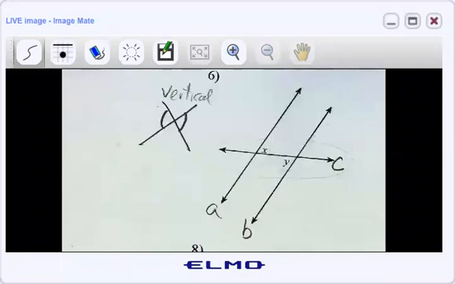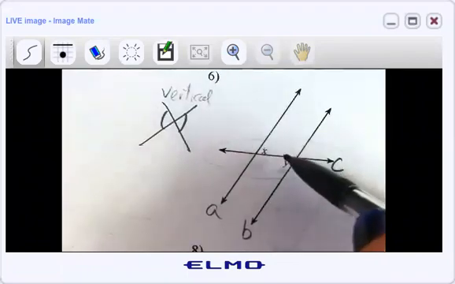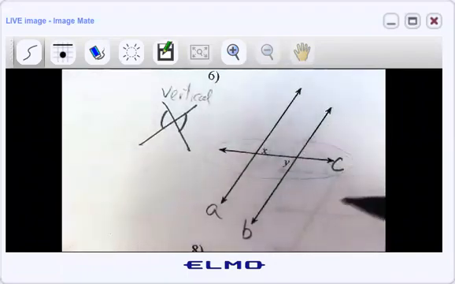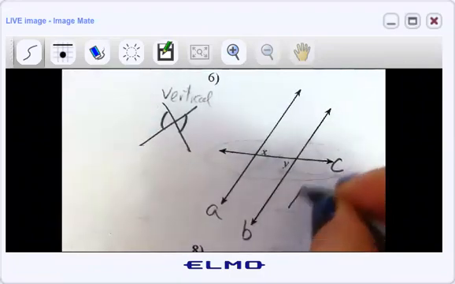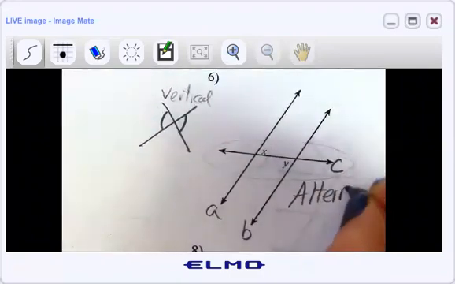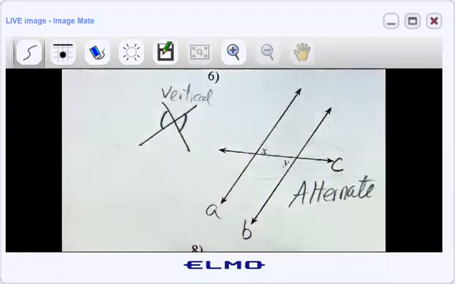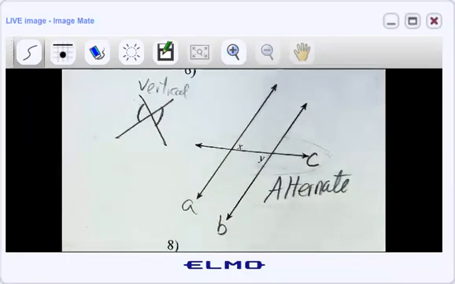Alternate is correct. Yes, see that? One's above, one's below. I have one up here, one down here. That's my first word. The first word is going to be alternate. Okay, there's my first word.